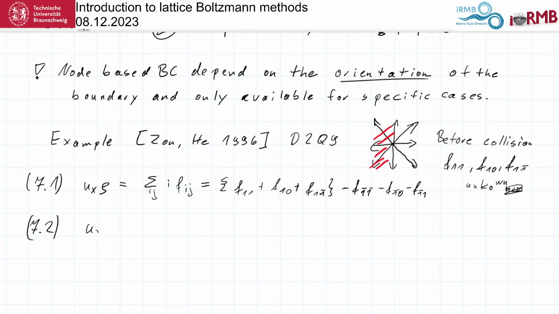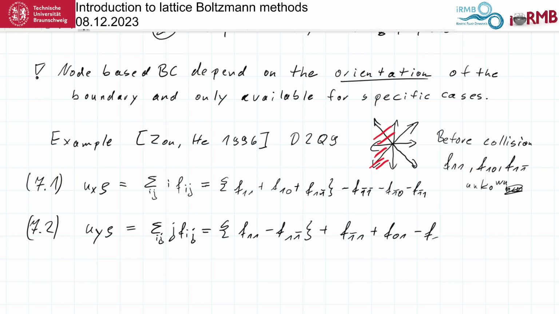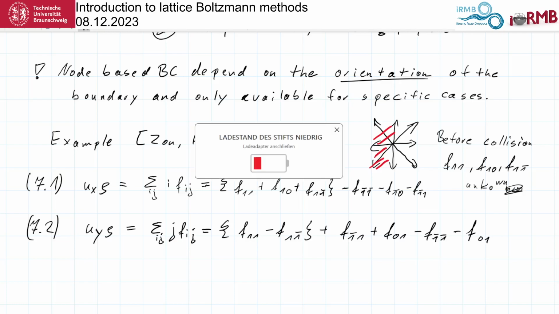Then in 7.2, we also have a given velocity in the y direction, which we compute as the sum over ij of j fij, and here the unknown stuff is f11 minus f1 minus 1, plus f01 minus f0 minus 1.